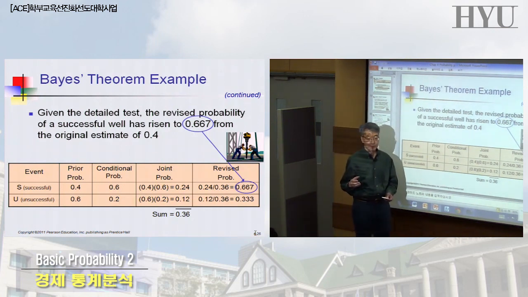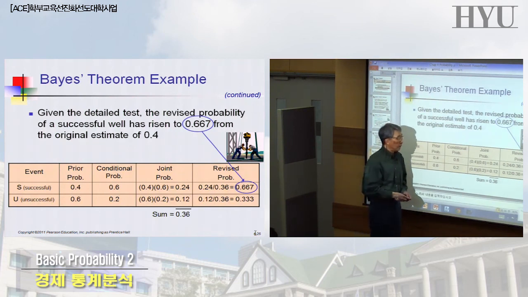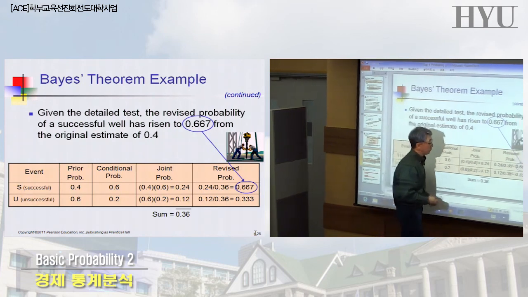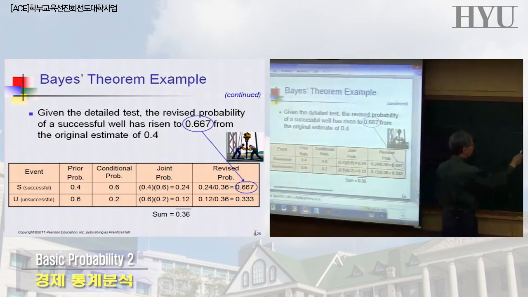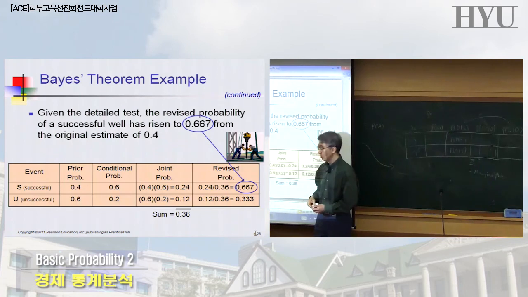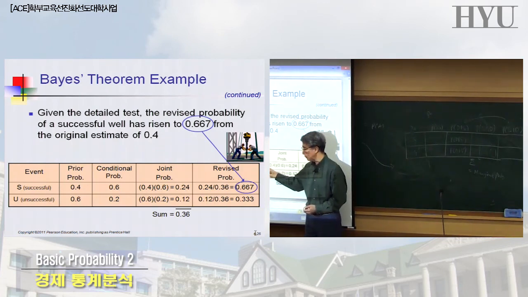There is what's called a detailed test, maybe a geological test, and we also have that information. Given that the well was successful, the probability that the test will produce a positive result was 60%.